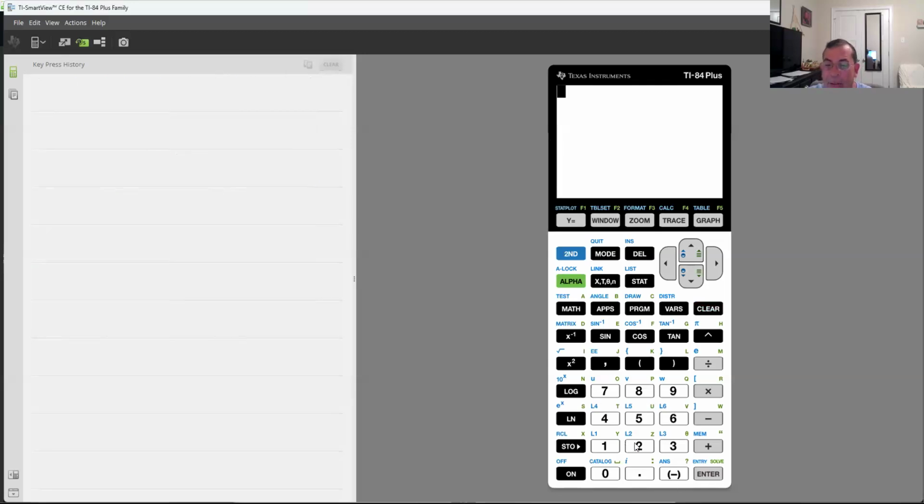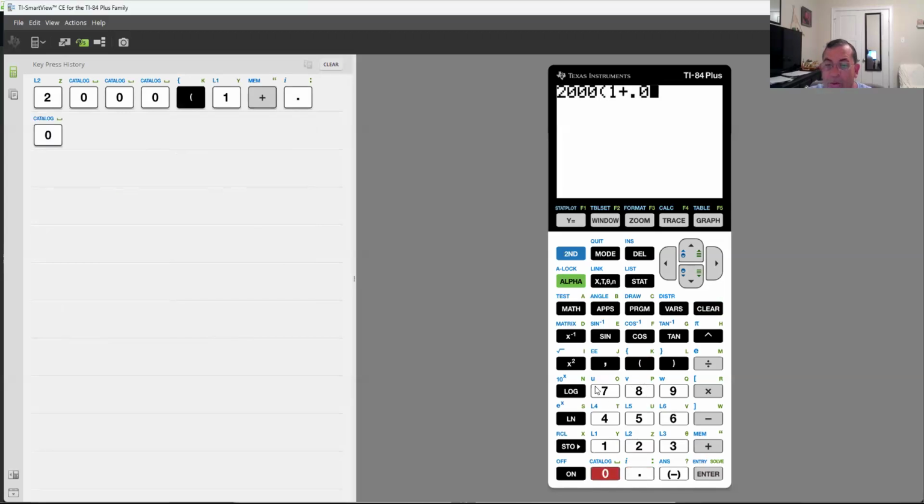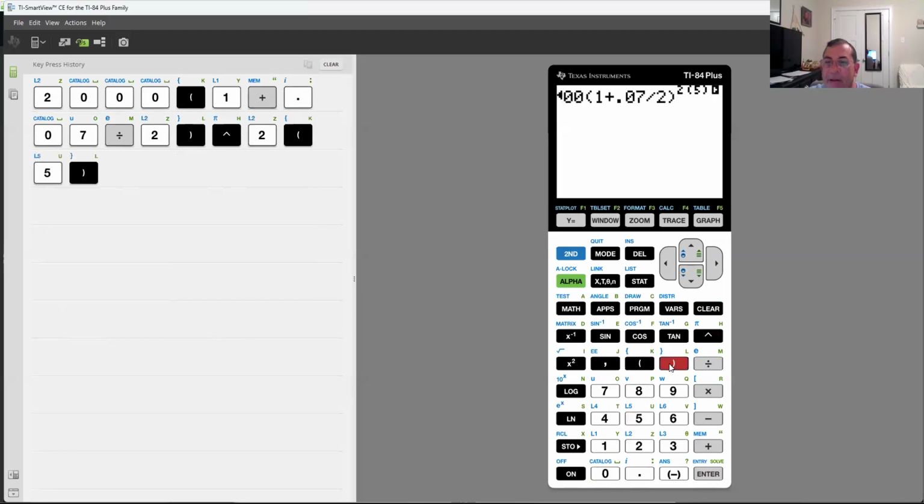I got 2,000 parentheses 1 plus 0.07 divided by 2, close parentheses, and then my exponent was 2 times 5. All right, y'all, so we'll hit enter. We're rounding to 2 decimal places. So that's $2,821. Oh, y'all, look at that.